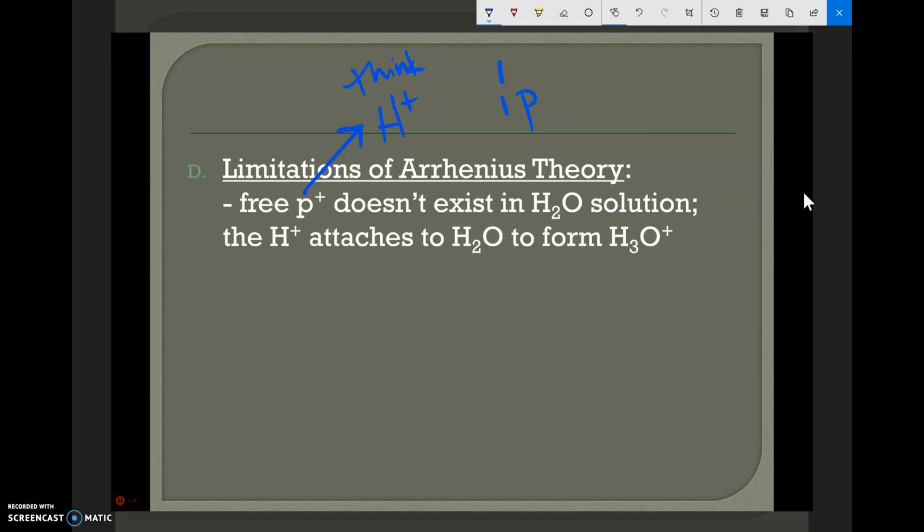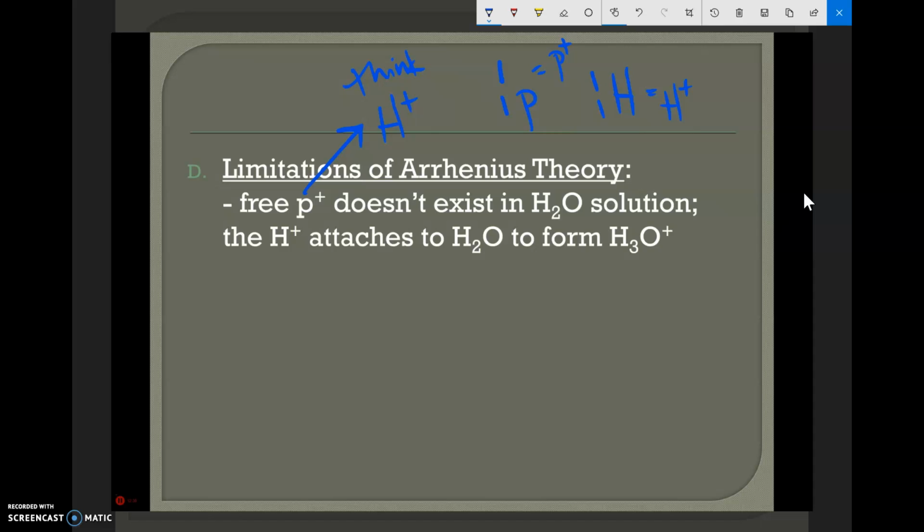So I can write a proton like that, and I can also write H positive, so this would equal the P positive charge, the 1/1 mass of 1, charge of 1, that would equal a hydrogen ion. Okay, so those are interchangeable, a proton and a hydrogen ion.